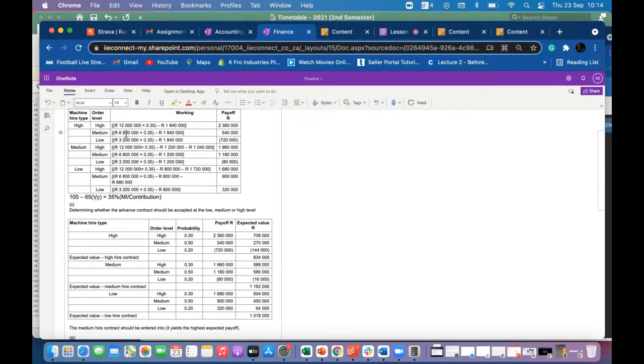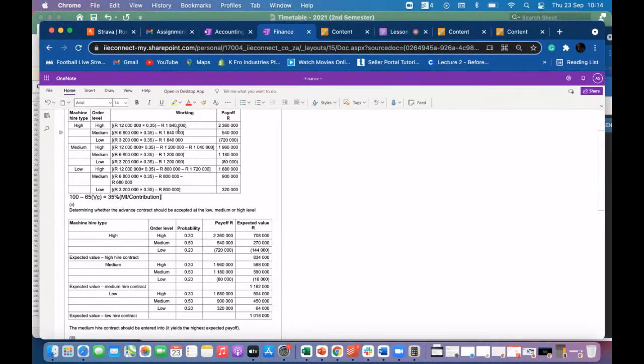So from the high level, we could have a payoff of 12,000, all right, but then we want to remove the variable cost. We only want the actual contribution or marginal income. So 0.35 times the 12,000, assuming that demand is high, all right?